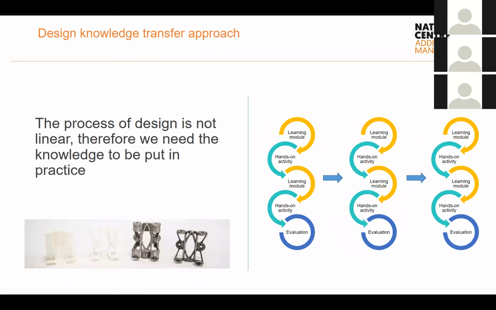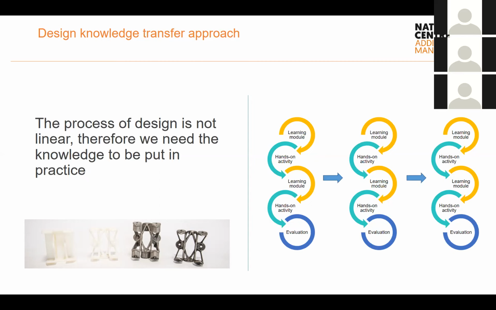As the process of design is non-linear, I put that in a workflow that seems linear, when in reality we're jumping from one step to another. We iterate many times on these steps. In terms of transferring that knowledge, we are creating learning modules with hands-on activity just after that, and then after having 2 or 3 learning modules with hands-on, doing an evaluation, and after that moving to the next step.